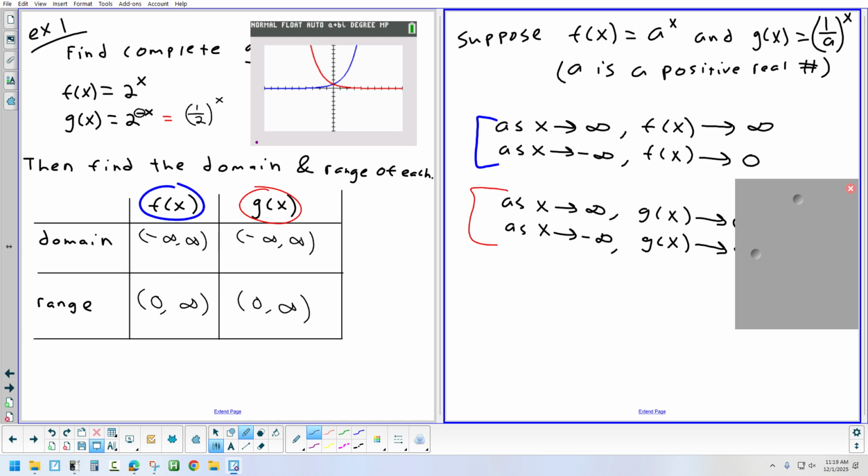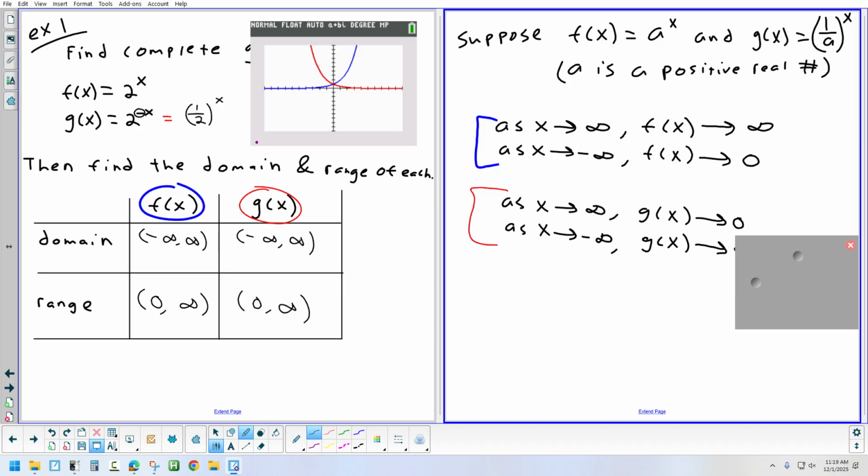Right, now let's look at the red one. What happens in the red graph as x approaches infinity? Yep. g of x approaches 0. And what happens in the red graph as you approach negative infinity? g of x is approaching what?